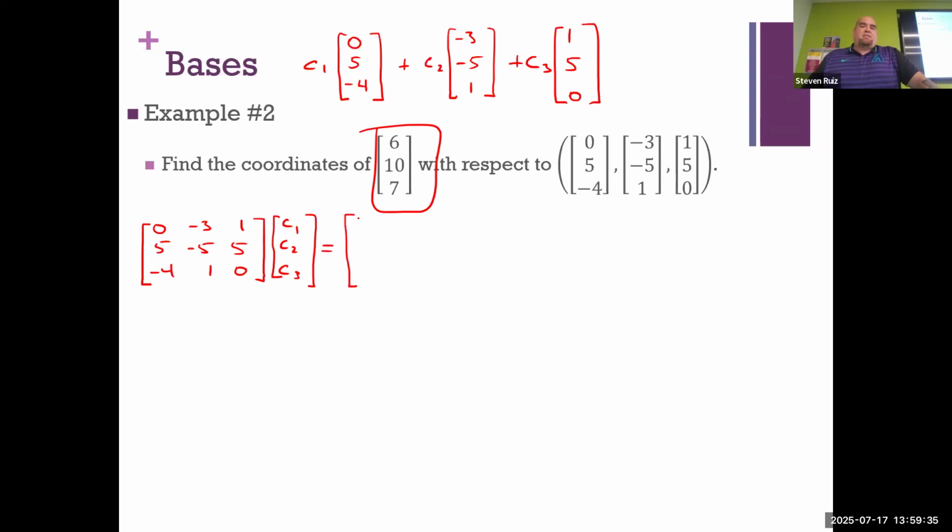I need that to equal 6, 10, 7. And those two equations I just wrote come from basically what the definition of coordinate is in this setting. So one last thing I'll do to rewrite this is as an augmented matrix.